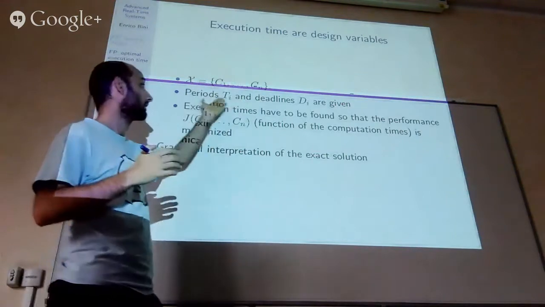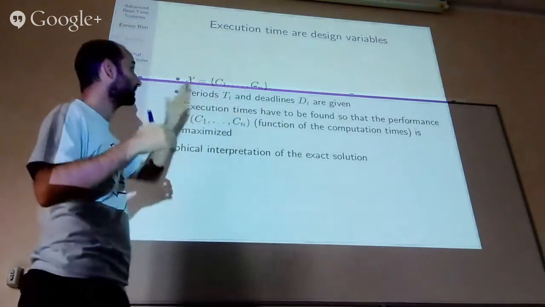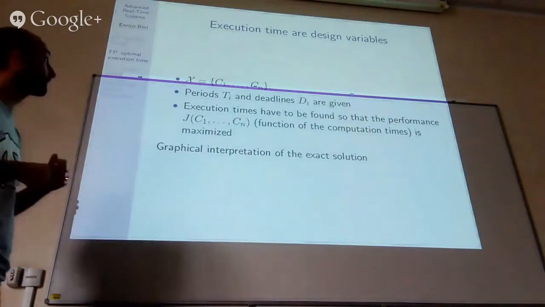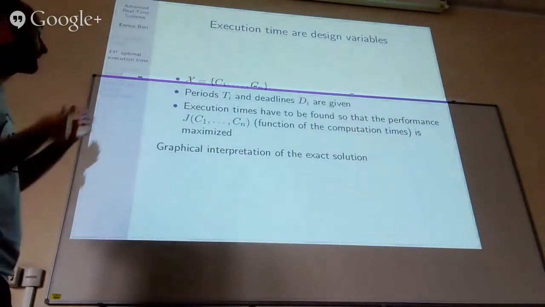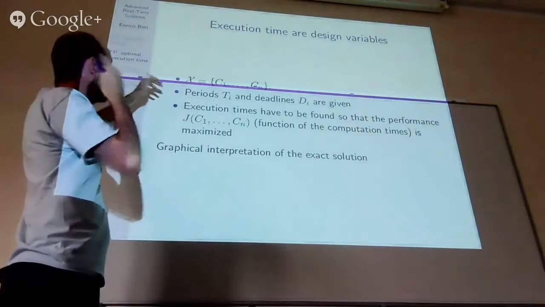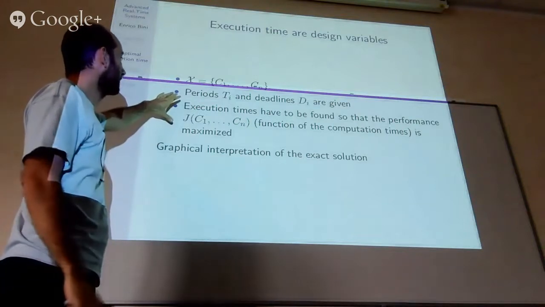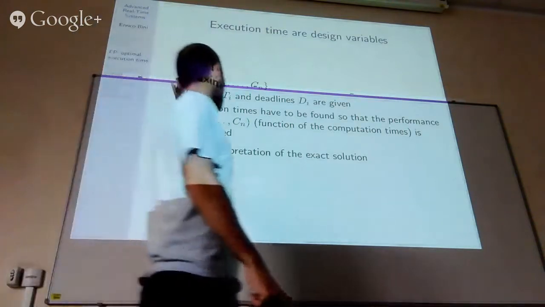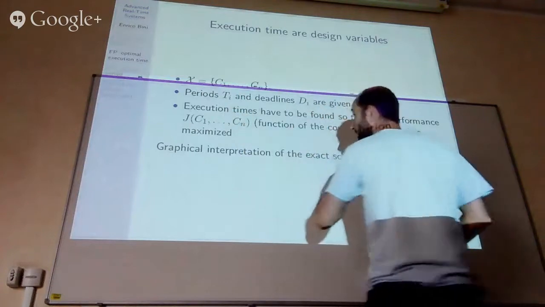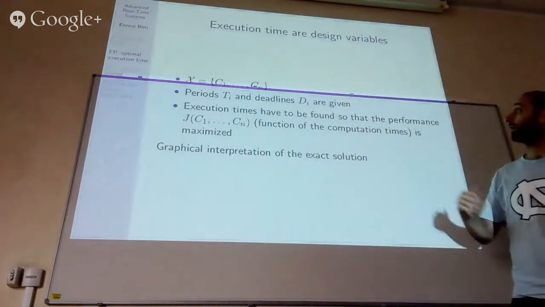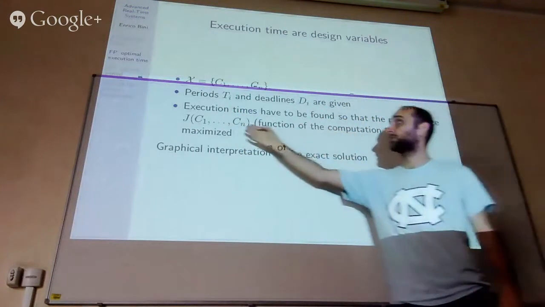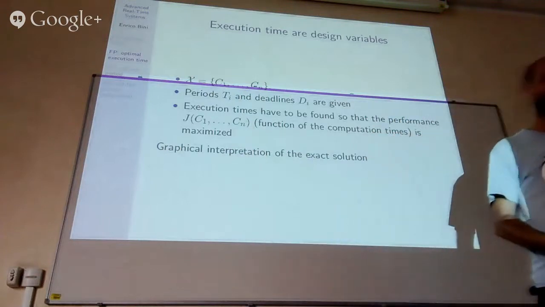So we know periods and deadlines, but the computation times are our design variables. Okay? Right, so in this type of problem, we have the execution times which have to be found such that this performance, as a function of computation time, is maximized.